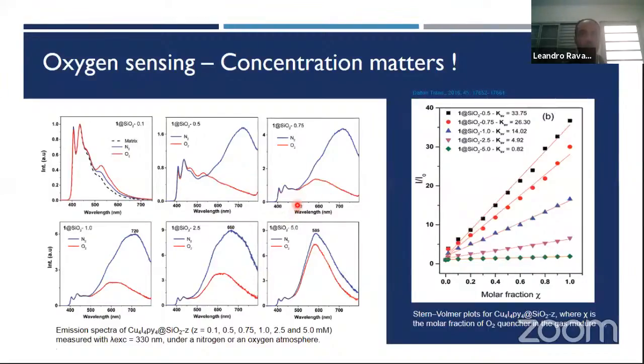The increase in the concentration of the copper complex in the pores decreases the detection sensitivity, as we can see here, and the corresponding Stern-Volmer constant here. For this reason, it's necessary to study the good concentration for a sample according to your application.